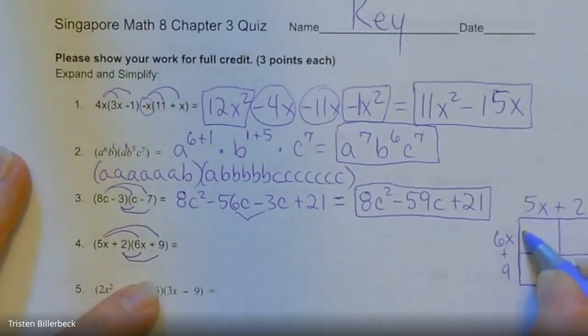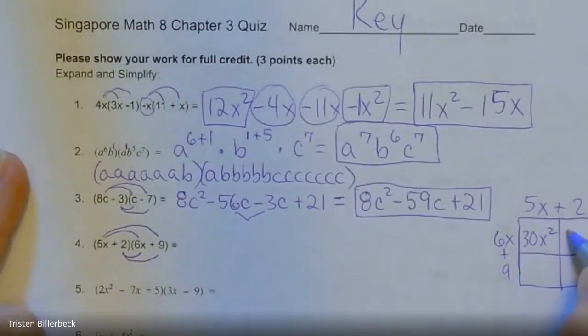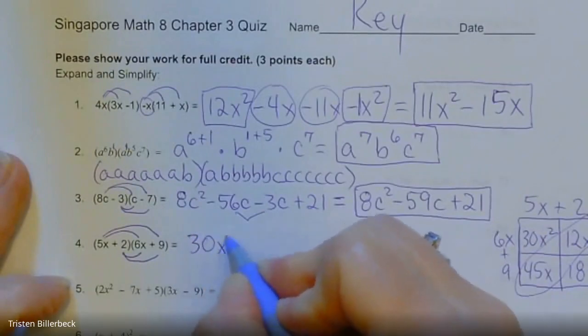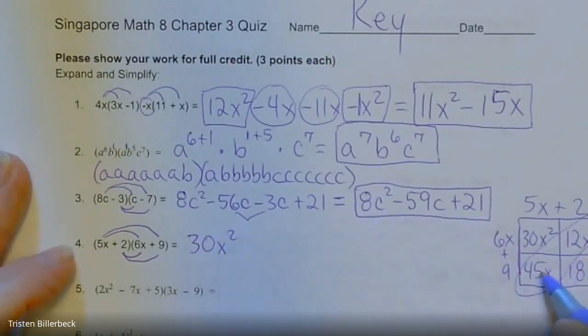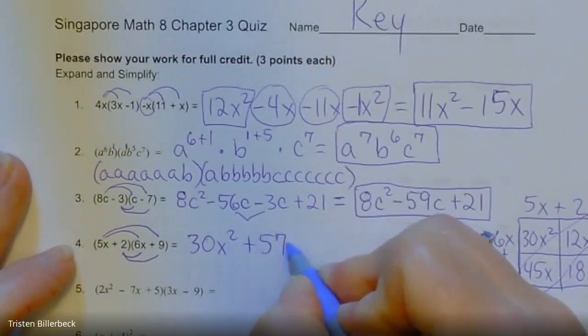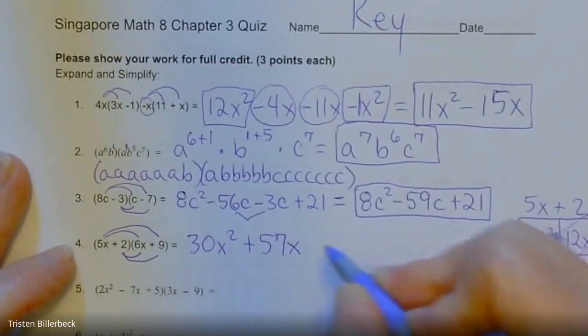So 5 times 6 is 30x squared. 6x times 2 is 12x. 5x times 9 is 45x. And 9 times 2 is 18. You see we have our like terms right here that we can find. So this is going to be 30x squared and this will be 57x plus 18.